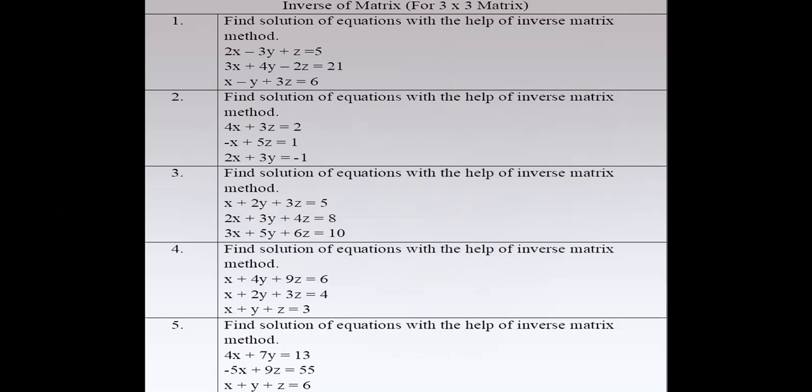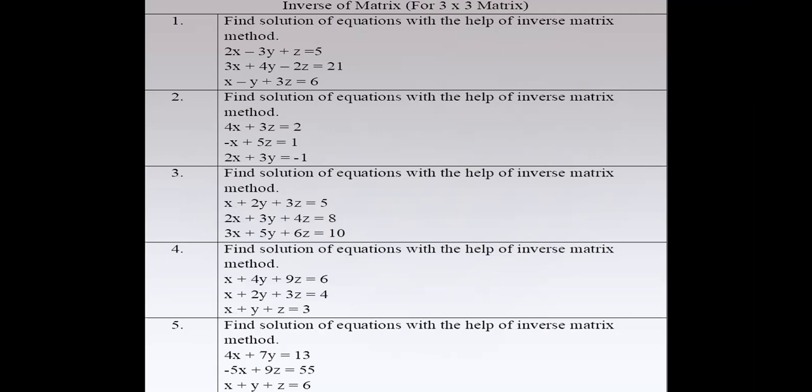Then the second equation is 3x plus 4y minus 2z equal to 21.